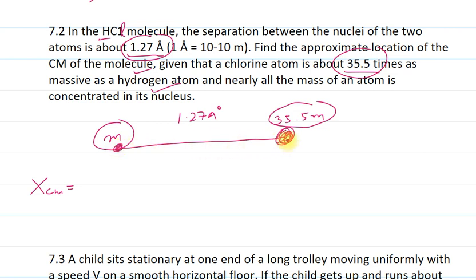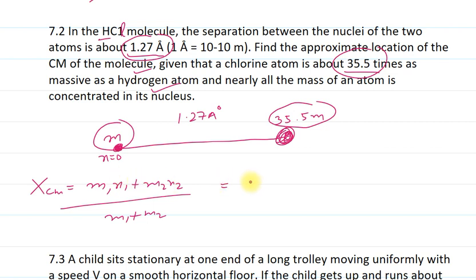The center of mass must be on the line joining the particles. So the x coordinate of the center of mass that we need to find is (m1 x1 + m2 x2) divided by (m1 + m2). Let's suppose for simplicity we take this mass m to be at the origin. Let's suppose the coordinate of mass m is 0.